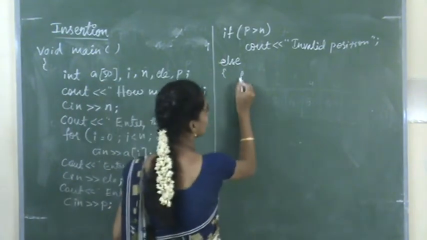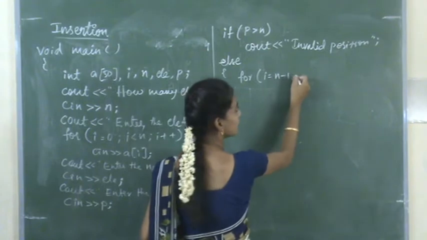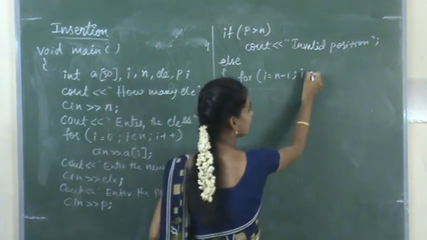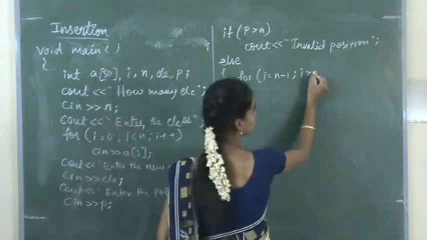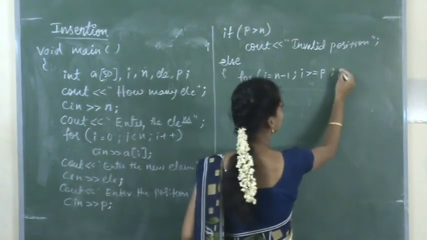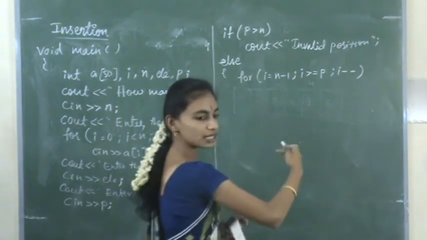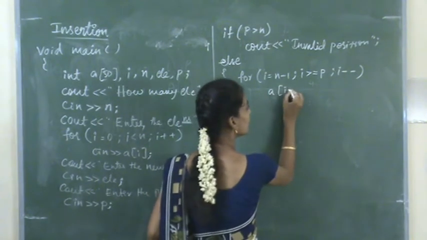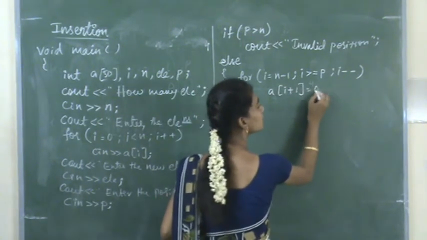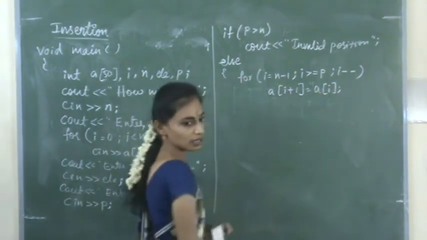So that is for I is equal to n minus 1, I greater than or equal to position, I minus minus, right? So inside this for loop, we are assigning A of I value to A of I plus 1, right?